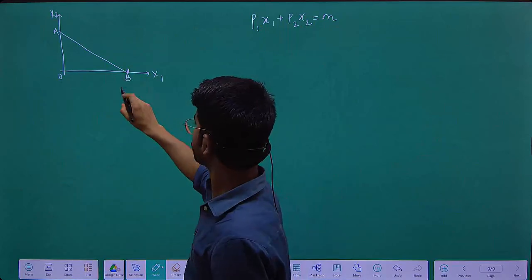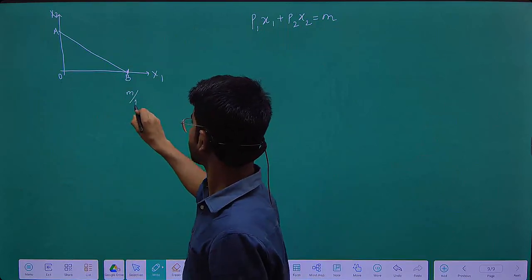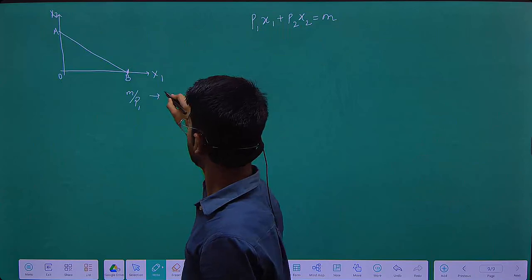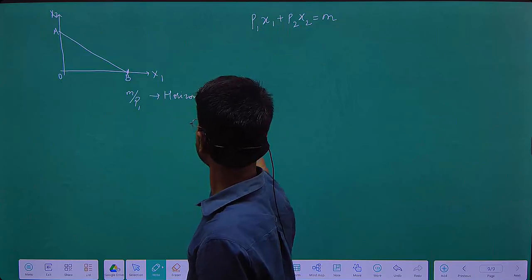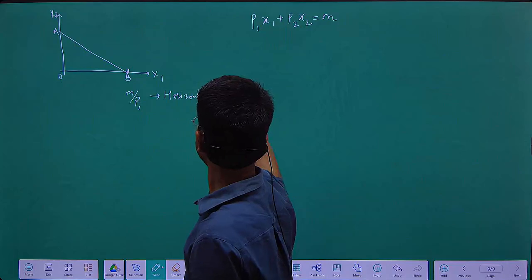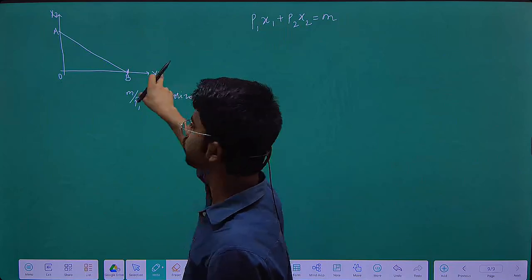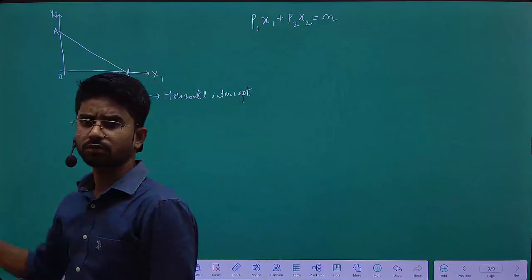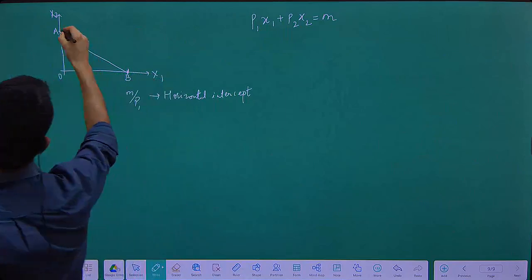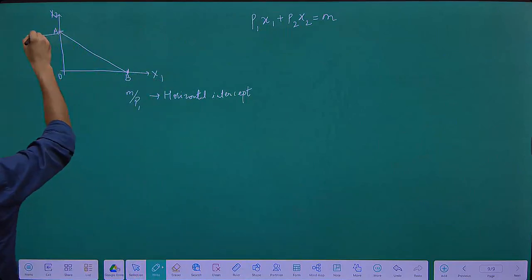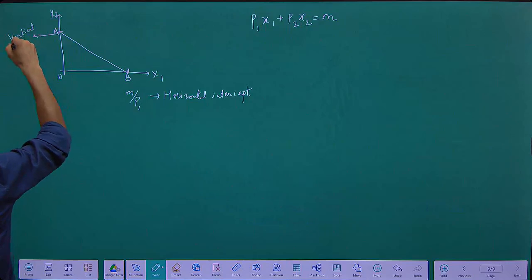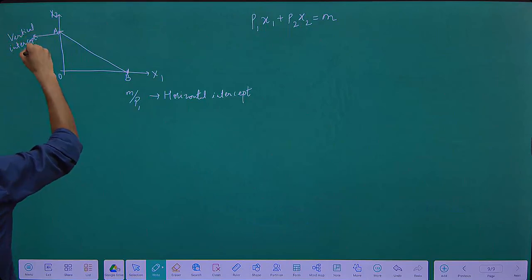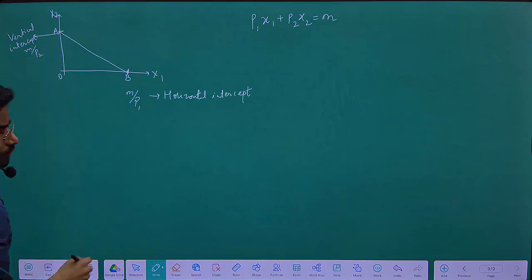This point would be M upon P1, which we called the horizontal intercept. That means the maximum amount of good 1 consumed when no good 2 is consumed. And this would be the vertical intercept with the value M upon P2. So this we know.